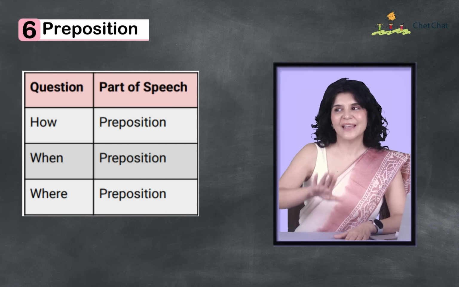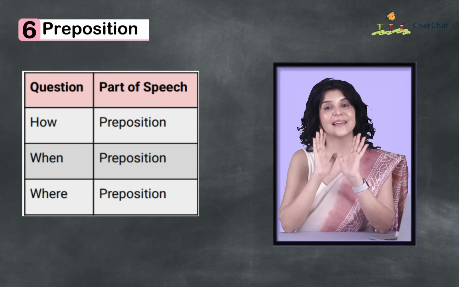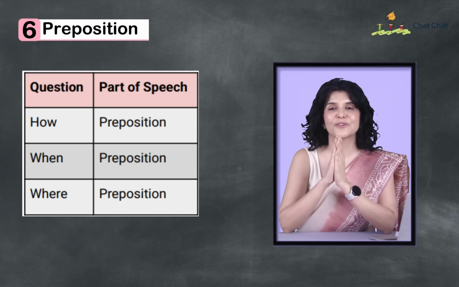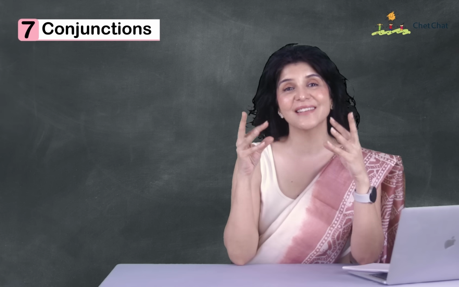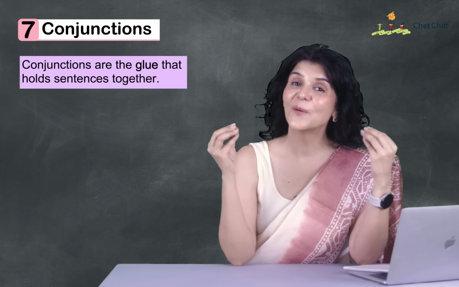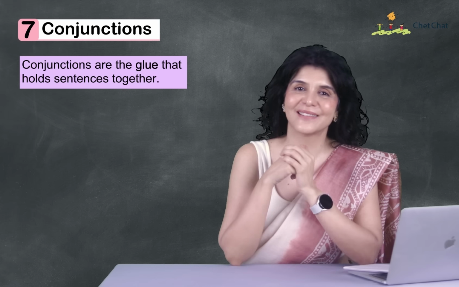Okay. Now, before we move to conjunctions, which is our next part of speech, let's put the question table up. This is on your screen, and like I said, at the end of this video, you're going to find a comprehensive question table. Next, we are talking about conjunctions. Conjunctions are the glue that holds long sentences together.